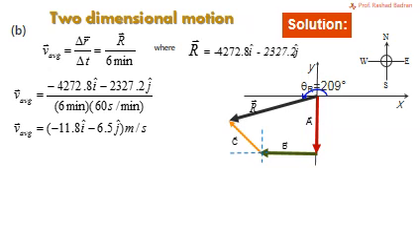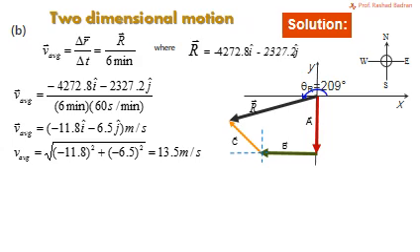What we have to do is just divide that by the time after conversion to seconds, and we get two components for the average velocity, one along the x-axis with minus 11.8 and one along the y-axis with minus 6.5 meters per second. Obviously this vector, with its two negative signs, is in the third quadrant.